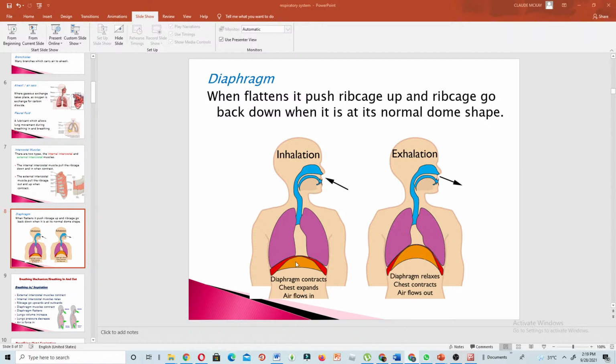Now, whenever you're breathing in, if you put your hand on the tummy region or your belly button, you will realize that it actually goes inward. Or some persons normally say that the diaphragm flattens. Right, so whenever you're breathing in, the diaphragm or the belly button normally goes in. Now that inward movement also helps to push the rib cage up.